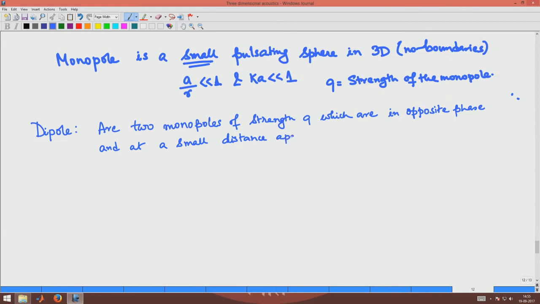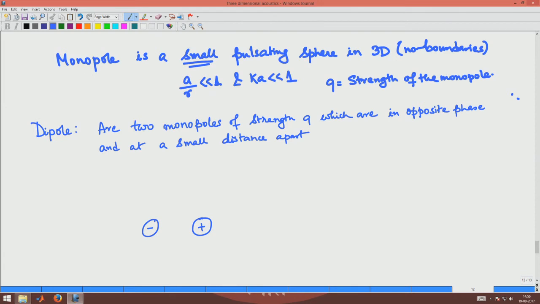So, what we have in the case of a dipole is two monopoles, one is the negative monopole and the other is the positive monopole. What I mean by that is, when one of these monopoles is pulsating outwards, the other is pulsating inwards. Similarly, when one of the monopoles is pulsating inwards, the other is pulsating outwards.